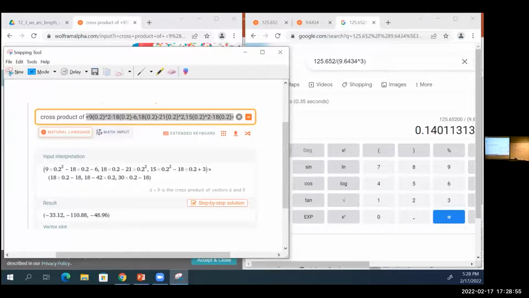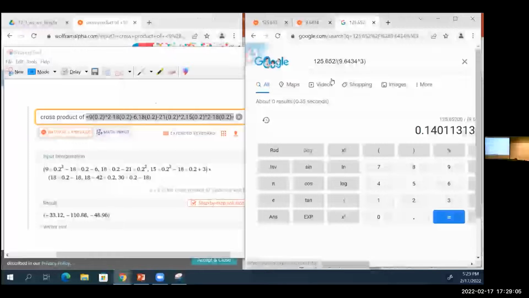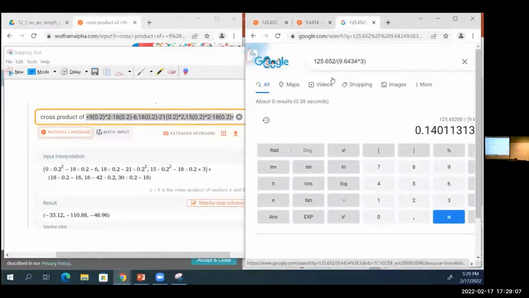Okay. And so what I would do for my submission, I would take this image, and because I did 3 different ones, I would take that image, this image, and this image, and I would just post that as my work underneath the derivatives. Does that make sense?